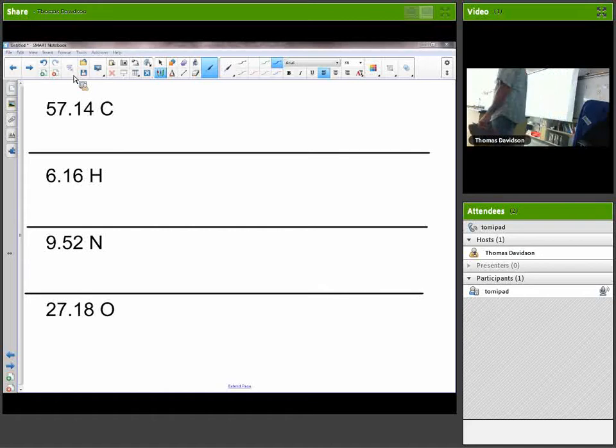Has anyone come across the problem yet? Yep. So the oxygen's a problem, right? Because it doesn't come out to a whole number. It comes out to what? 2.5. So you multiply times a number to make it a bigger number, times all. That's what you have to do. If you are given a number that doesn't easily round, and those are usually 0.2, 0.3, 0.5, like 0.333, or 0.25 also, all those are easy.